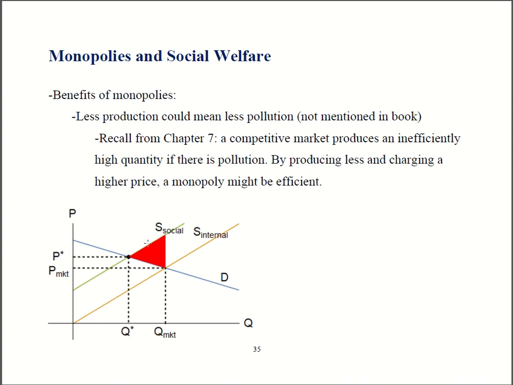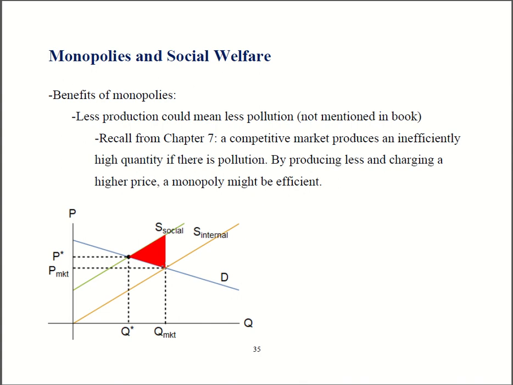That's given by S social. So for those last units, the cost to society exceeded the benefit to consumers. So making those last units was not a good idea. That's reducing overall social welfare. That creates this deadweight loss triangle over here. So perfectly competitive markets were not very good in handling pollution. They produce too much.